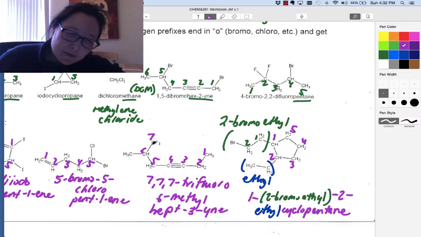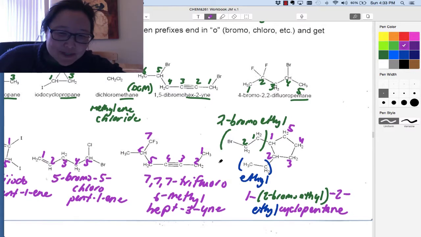So I want to number through this if possible, because it'd be harder to go this way and then think of a name for that group. I guess it'd just be trifluoromethyl something. But it's better to have more branching in the parent and a simpler branch out here. 7,7,7-trifluoro, 6-methylhept-3-yne, yne for triple bond, alkyne.